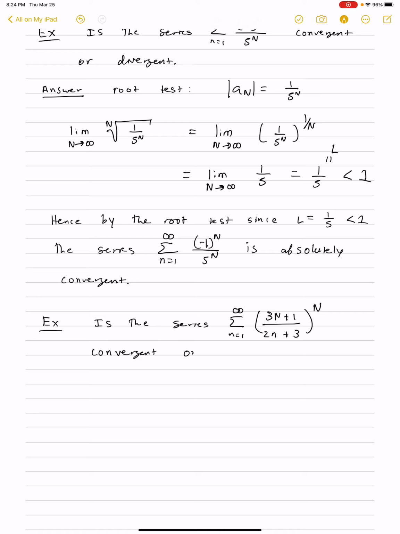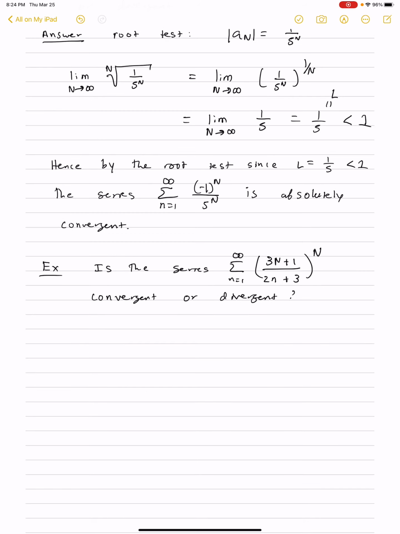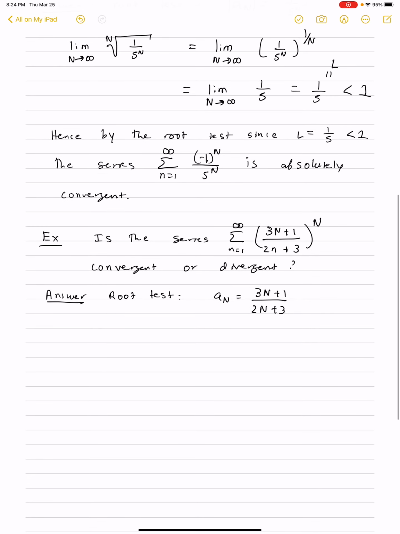Convergent or divergent? Well, we're going to answer this using the root test. And with this root test, a sub n is going to be 3n plus 1 over 2n plus 3. And so we're going to do this.